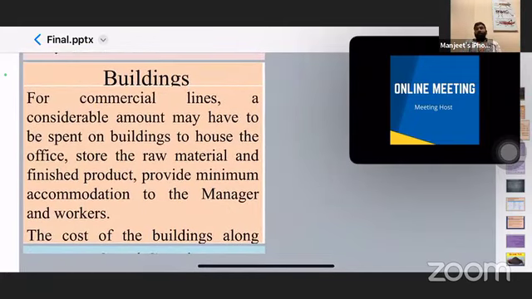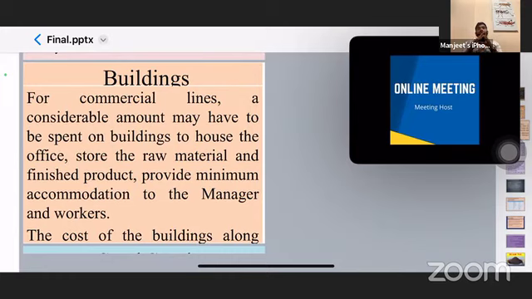Next, the most important point is building. For a commercial unit, a considerable amount may have to be spent on buildings to house the office, store raw material and finished product, and provide minimum accommodation to the manager or the worker. The cost of building along with its electrification may be included under this item.